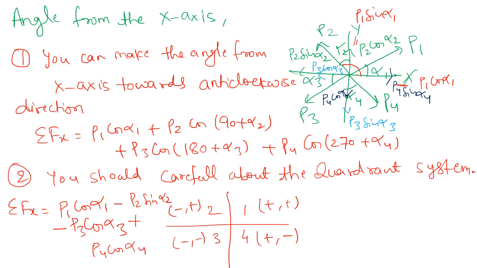Similarly you can write down the vertical component: this is P1 sin alpha 1, plus P2 cos alpha 2, plus, or you can check here, P3 is along the negative axis, so minus P3 sin alpha 3 and minus P4 sin alpha 4.